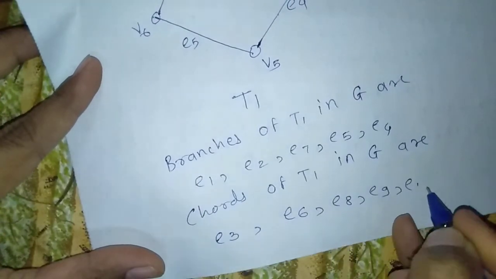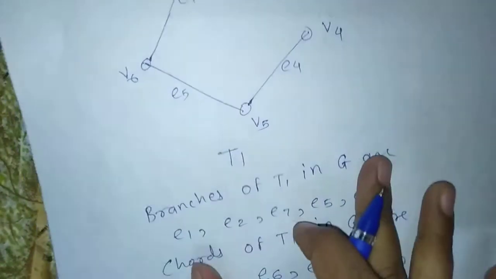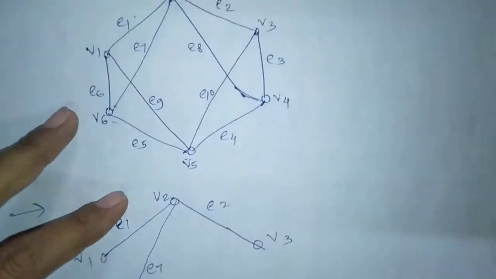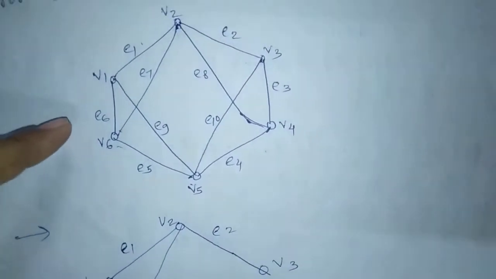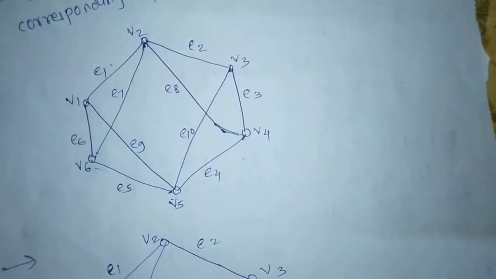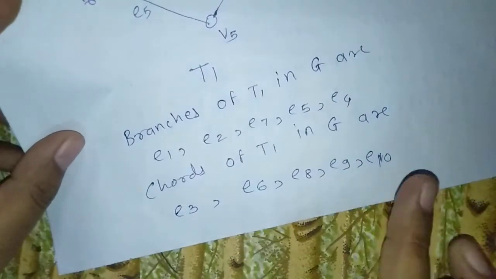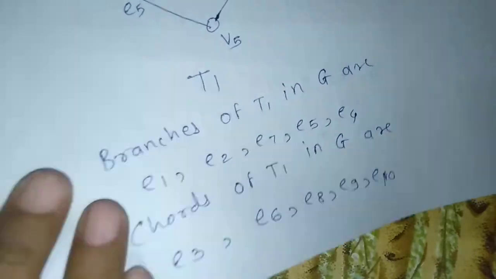Sorry, I only took those names first. The remaining E9 and E10 are also chords of that spanning tree. So, correction: E3, E6, E8, E9, E10 are the chords.